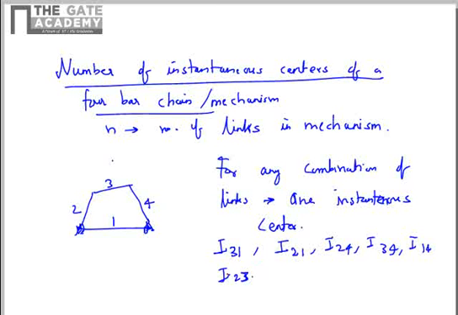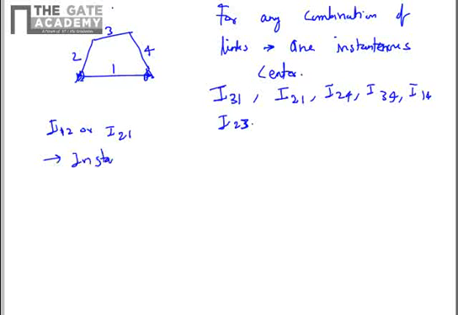So what is the meaning of different instantaneous centers? We will see in this diagram. For example, let's say I21. That is the instantaneous center of link 2 with respect to link 1.